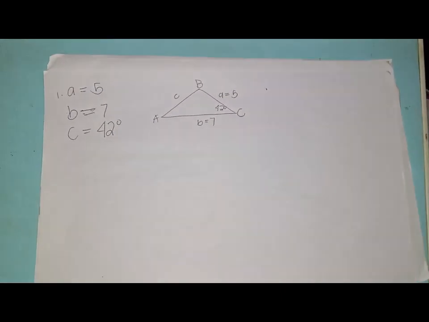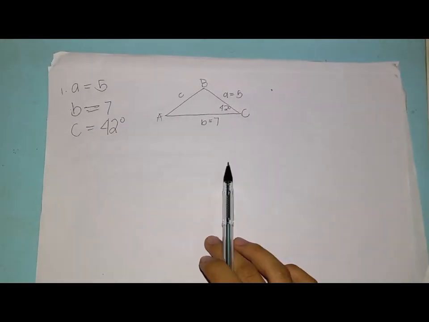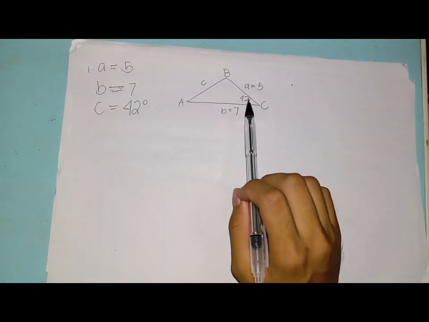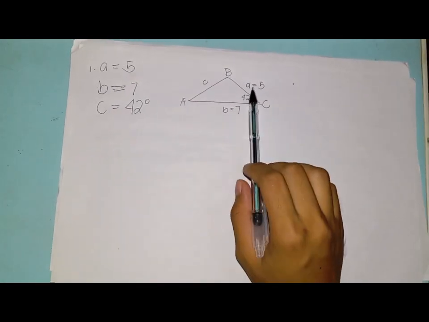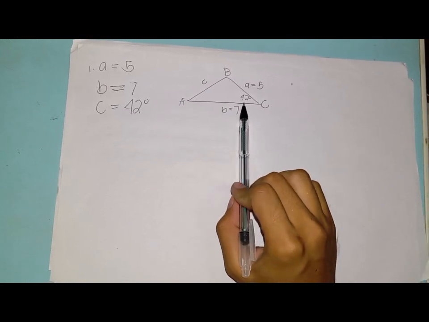This is an example of an SAS triangle, given two sides and one included angle.